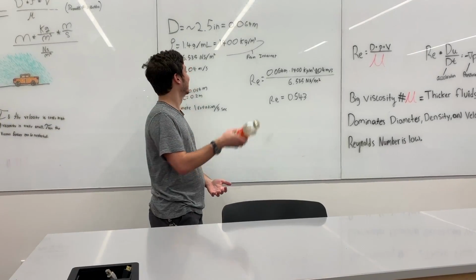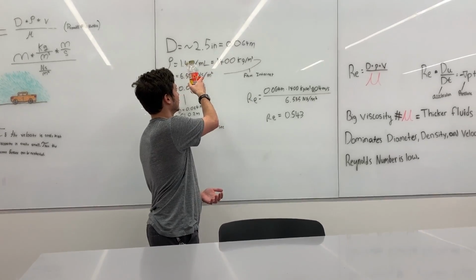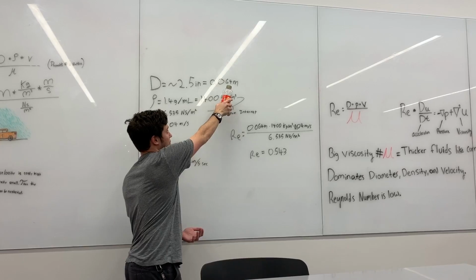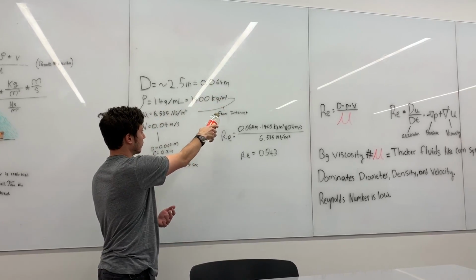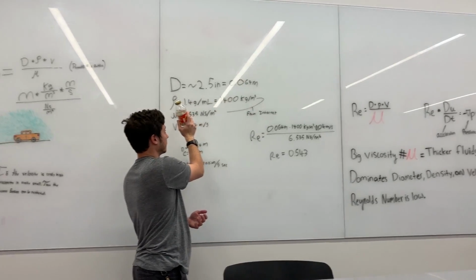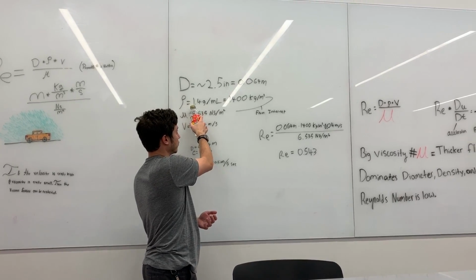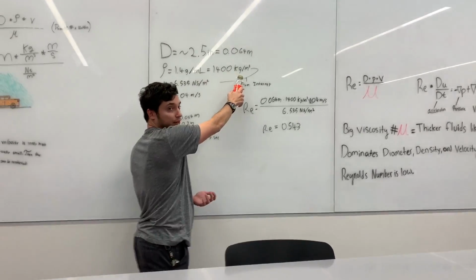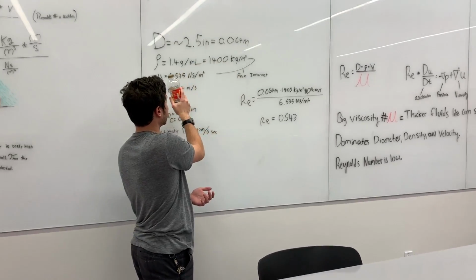So the diameter of the vessel that we're using is 2.5 inches, which is about 0.064 meters. From the internet, we can determine the density to be 1.4 grams per milliliter, which is 1,400 kilograms per meter cubed.